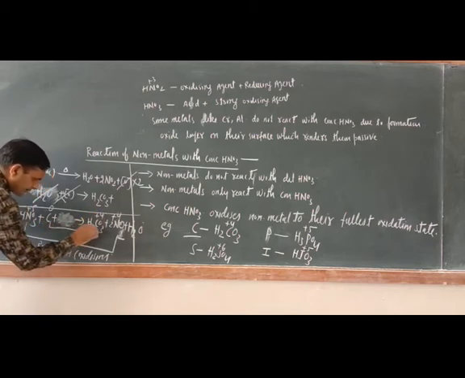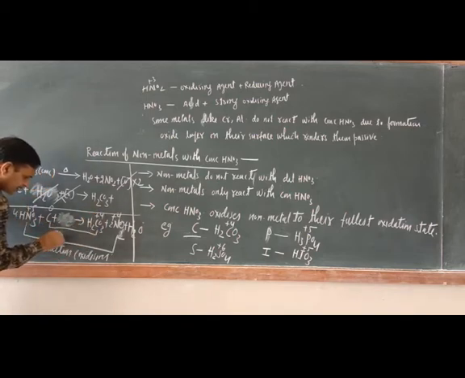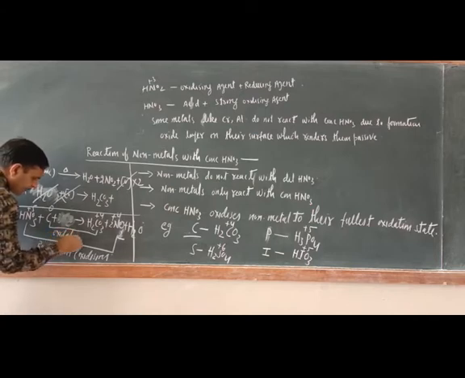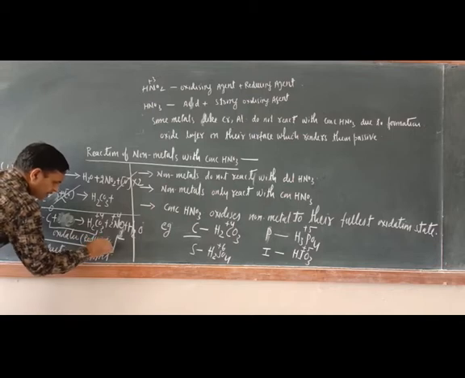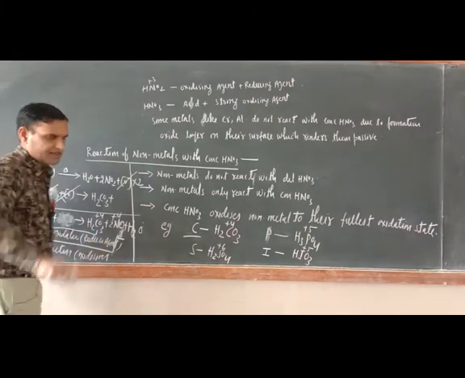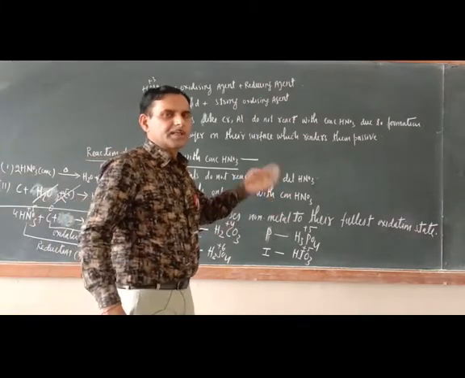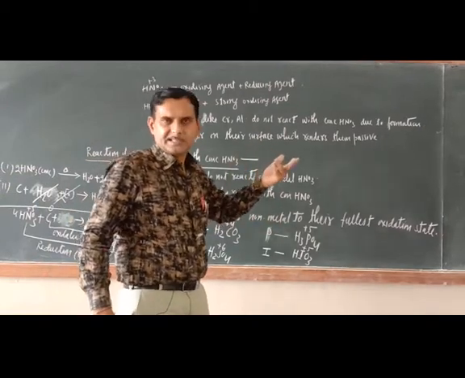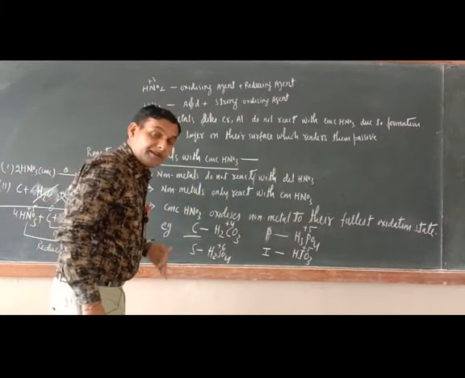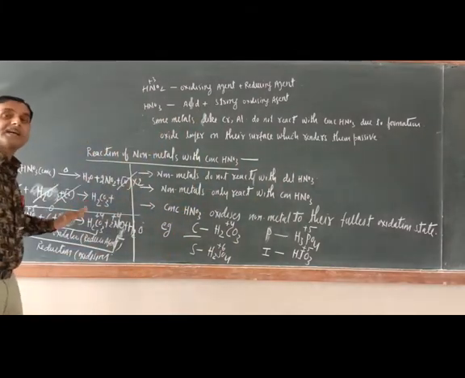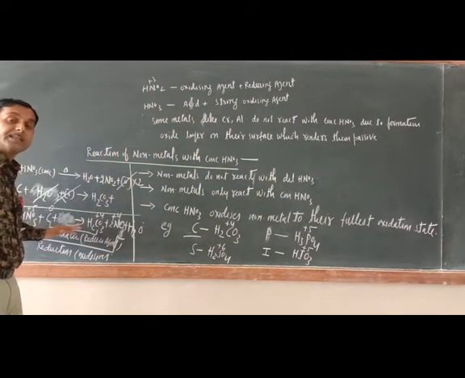So 0 to +4 is oxidation, hence this is the reducing agent. Now remember this. Just now I told you that non-metals are oxidizing agents, but here I am writing that carbon is a reducing agent. With respect to concentrated HNO3, carbon is a reducing agent.